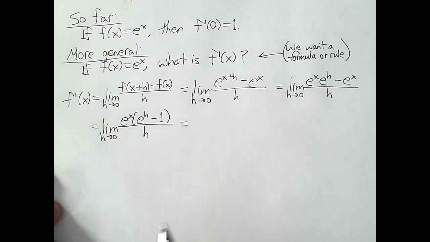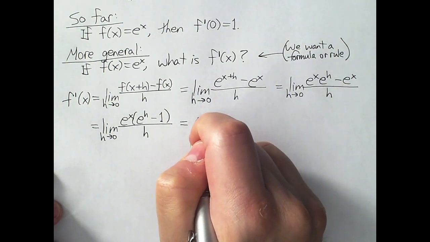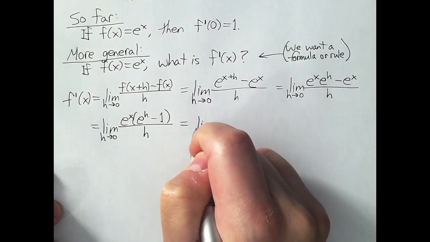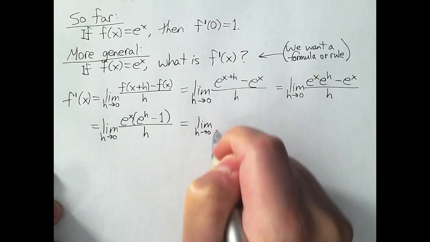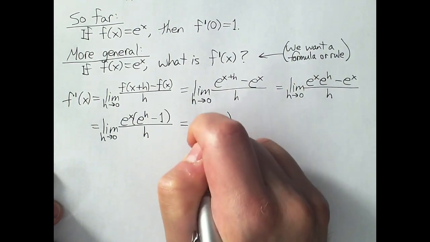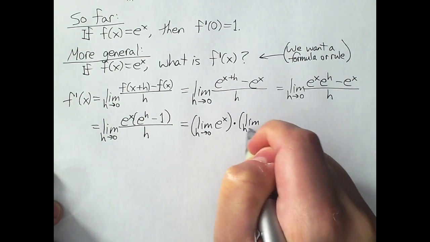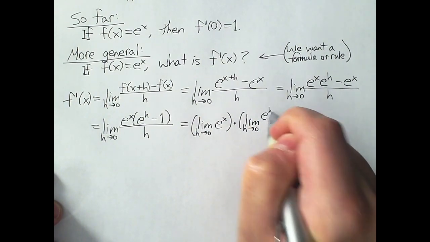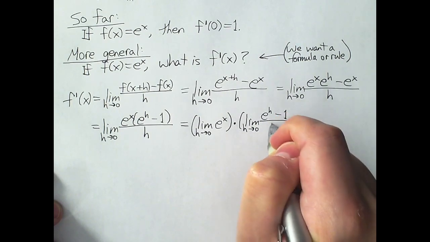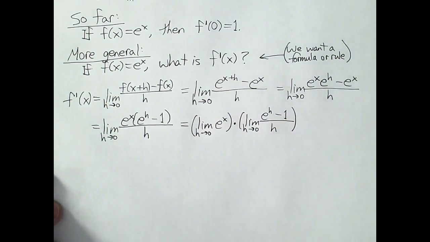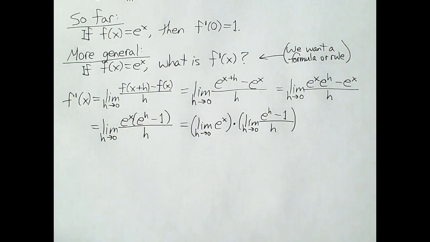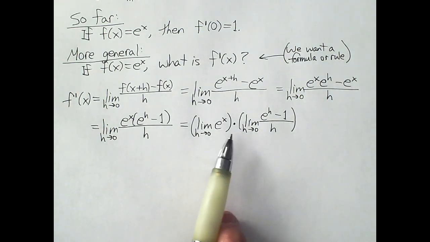I'm going to use a property of limits. There's a property of limits that says we can split this up into the limit of e to the x times the limit of the other part. See what I did there? Back when we talked about limit properties, we had one for the limit of a product.